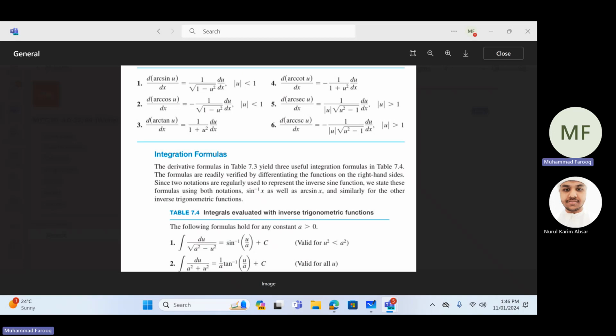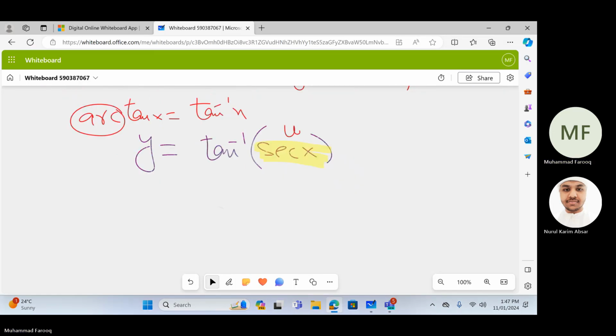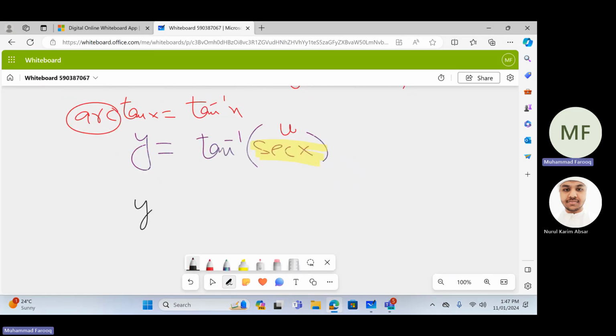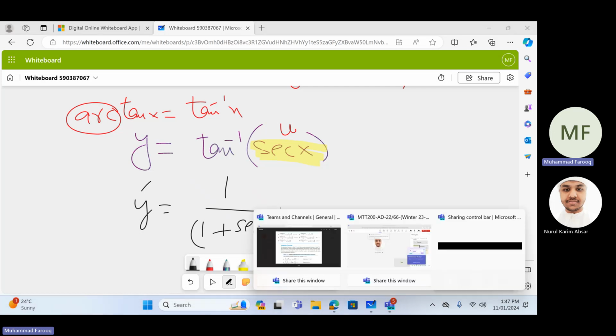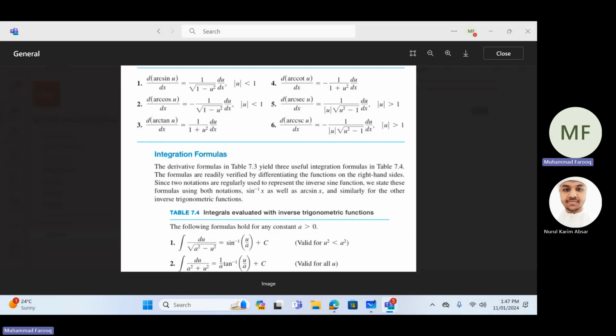The rule is 1 over 1 plus u squared. If you need y prime, y prime equals 1 over 1 plus u squared, where u is secant x, so secant squared x, times the derivative of u. Look at the formula: multiply by the derivative of u. Clear?